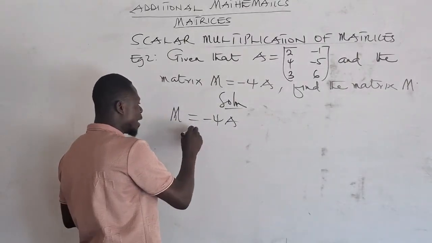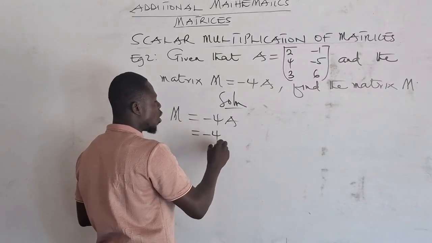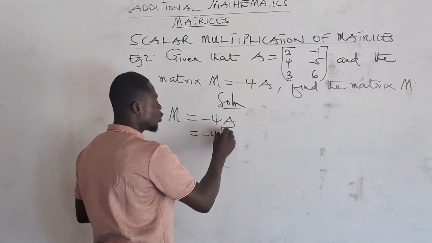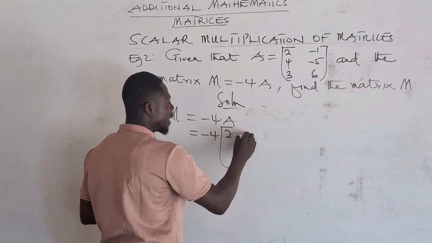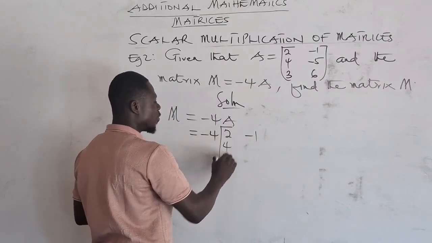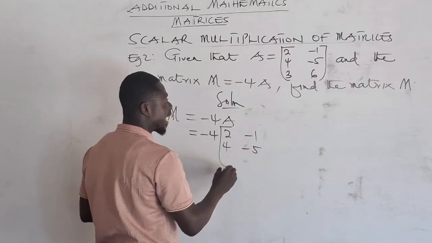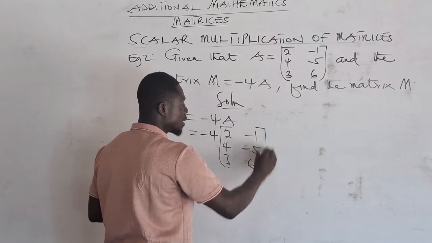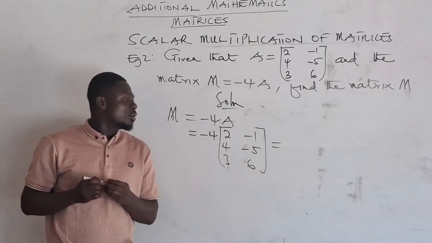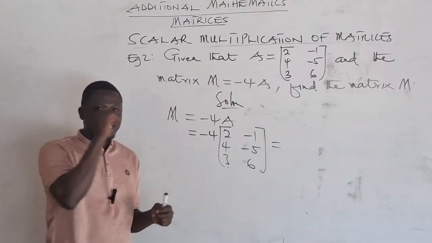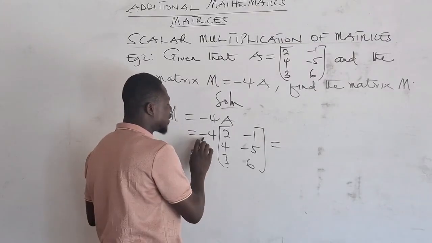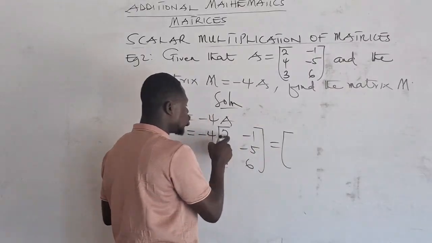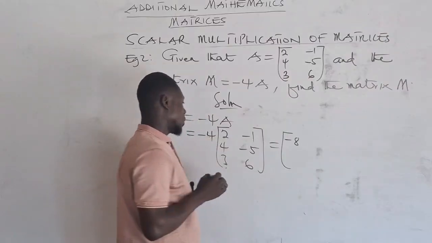So in this, we are going to have -4 multiplying the matrix 2, -1, 4, -5, 3, 6. So this will be multiplying negative 4 by each of the elements. So we will multiply negative 4 by 2, and that will be negative 8.